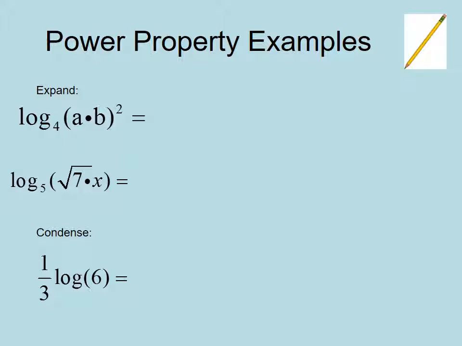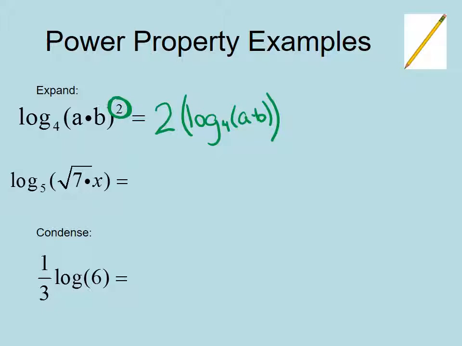Let's take a look at the power property. The power property says that whatever the exponent is can be multiplied by the log out front. So now that 2 is out front of the entire log. Now that 2 is affecting both of them.